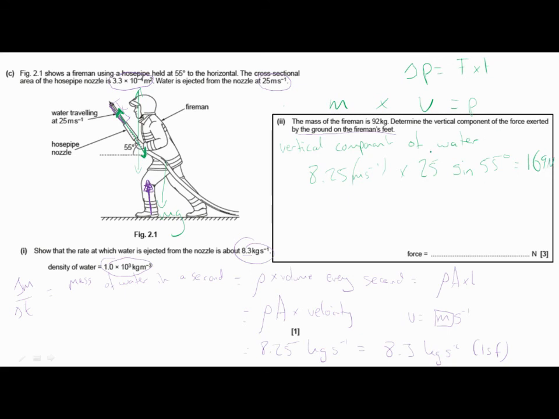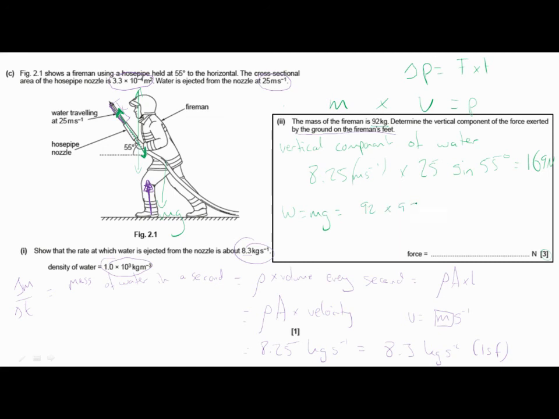It's actually quite a hard thing to realise, I think, and it's only worth 3 marks, but it is quite a challenging concept. What is the weight of the fireman? That's obviously mass times gravity. The mass of the fireman is 92 kilograms. Obviously, that's given in the question here.